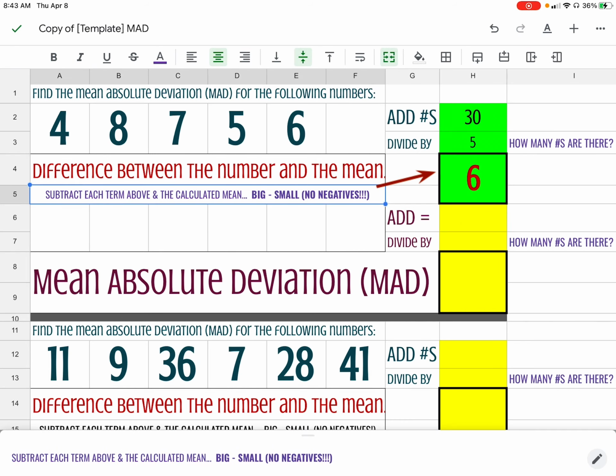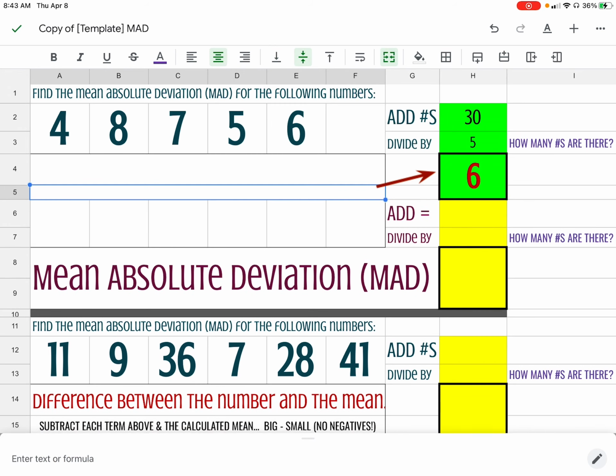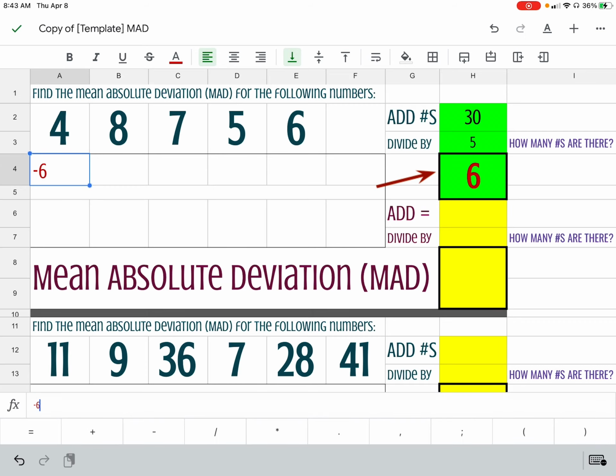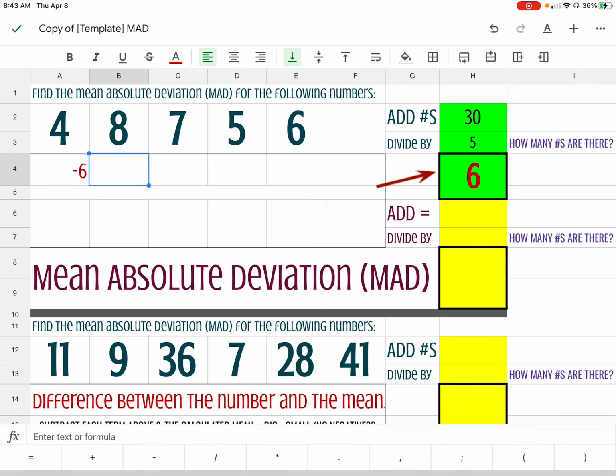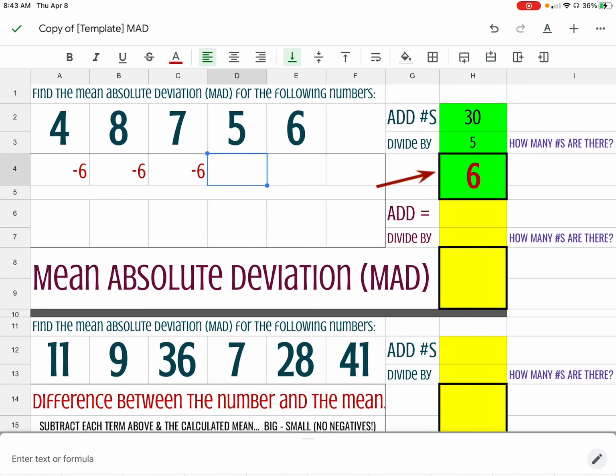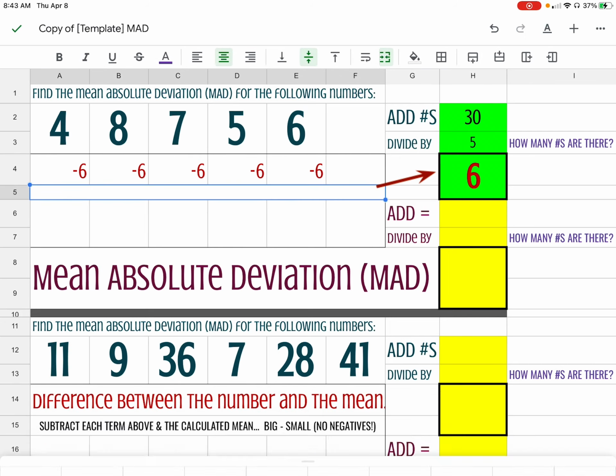So now I'm going to go ahead and do this to just show you guys what it looks like. You do not have to do this, but here we're subtracting 6 from each number.